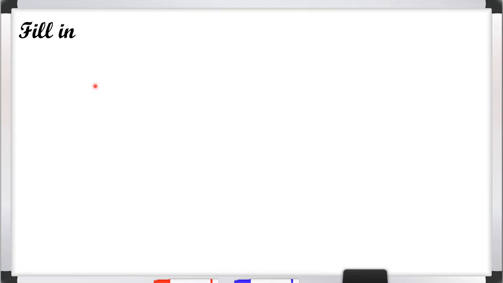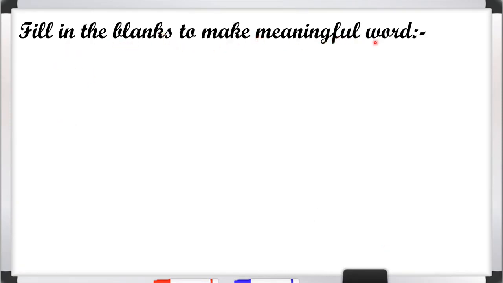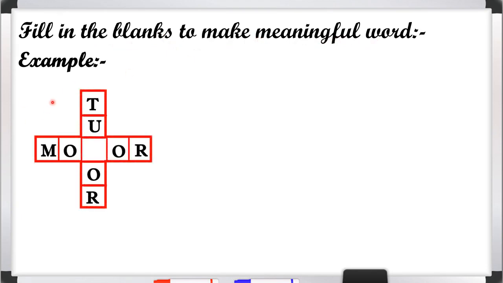There is an example. Fill in the blanks to make meaningful word. Here beta, you can see we have given two words in this way, okay, in this format. So here you can see it is given TU-OR, MO-OR.